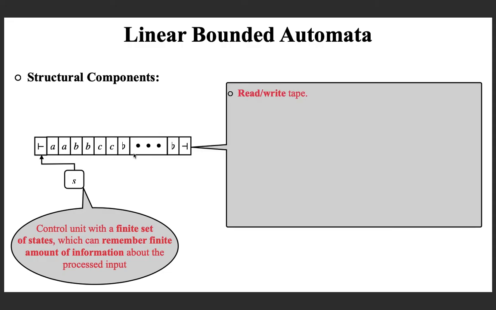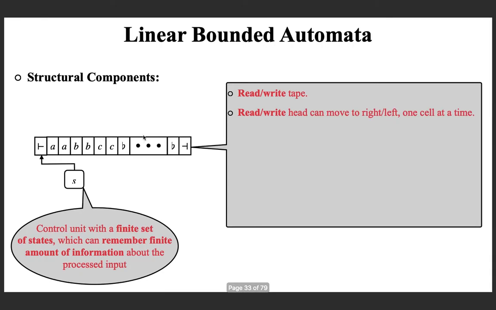And here, unlike in the case of the previous two classes of automata, it is a read and write tape. So you can read the input symbol, and also you can replace that symbol with any other symbol in the tape alphabet. So that is a difference.